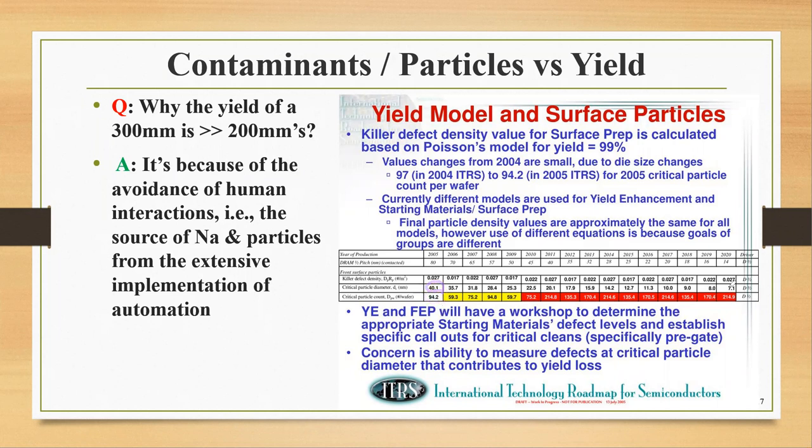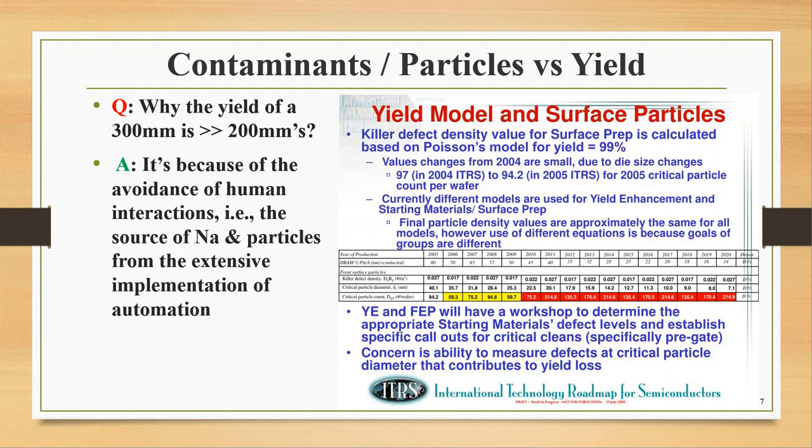But if you go down to 14 nanometer, two years ago, the critical diameter becomes very small, 7.1 nanometers, and you're allowed a maximum of 215 particles per wafer. These two numbers are calculated in order to have a reasonable yield. All of this was done by this association to predict a yield of 99%. Of course, this is the best case. You cannot get that in reality, right?